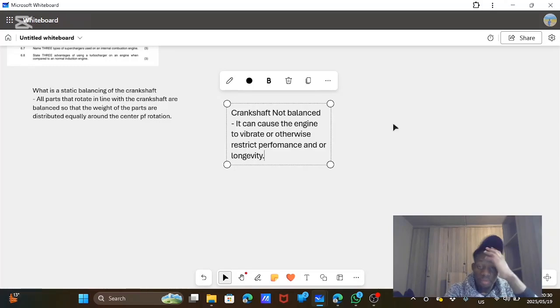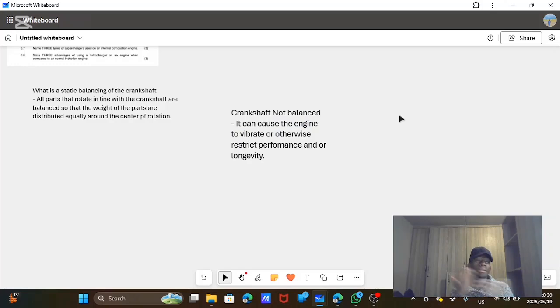This would happen if the craft is not balanced, and there are other things we learn that help the craft to balance. For example, we have a dynamic balance and a reciprocating mass.